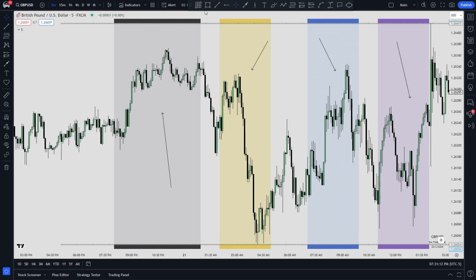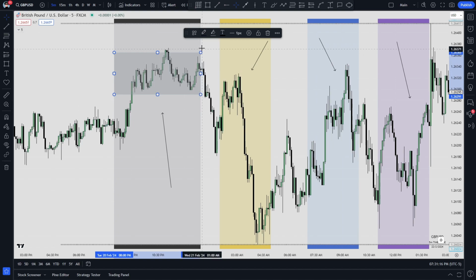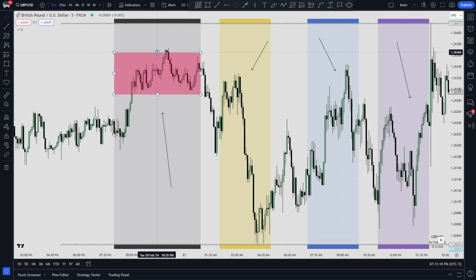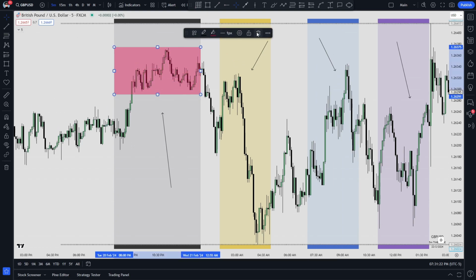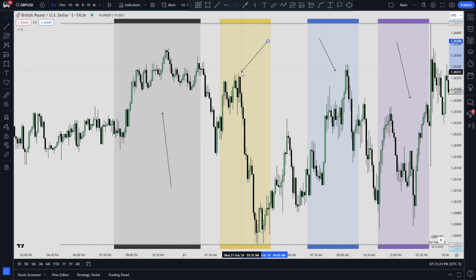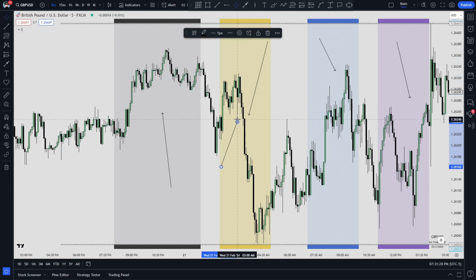So what happens during the Asia session? The Asia session consolidates, right? It doesn't move, it practically is accumulating here. And it's not until we get into the London session that we then see this massive drop lower. As you guys can see, coming into the London session, we get this massive move lower. Boom, really solid.